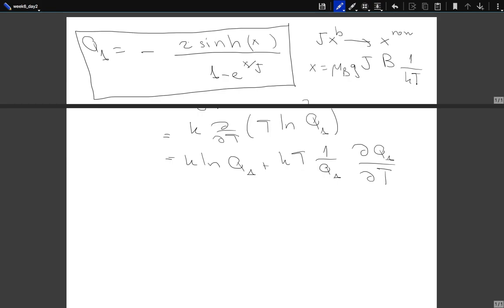That is the only temperature dependence in q1. So we can write this as k times the logarithm of q1 plus kT times 1 over q1 times the derivative of q1 with respect to x times the derivative of x with respect to T.